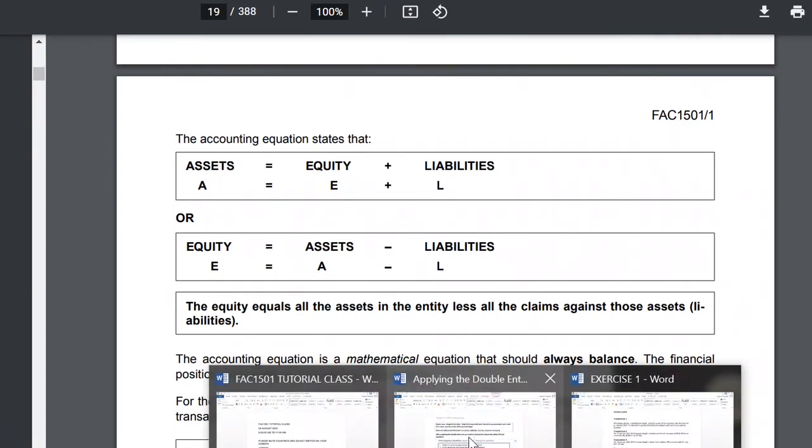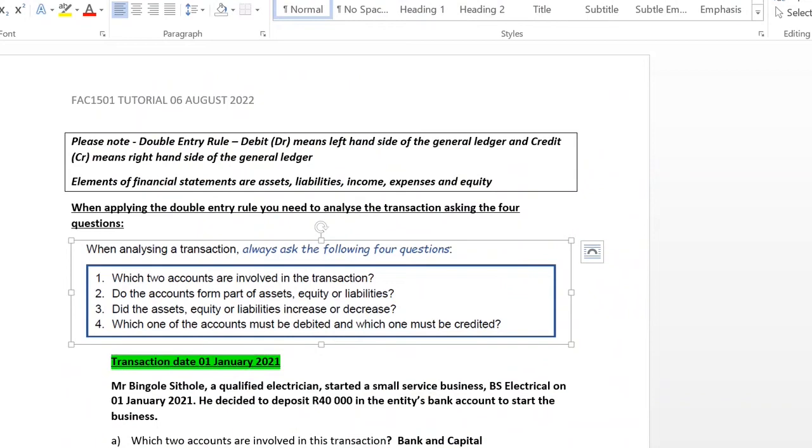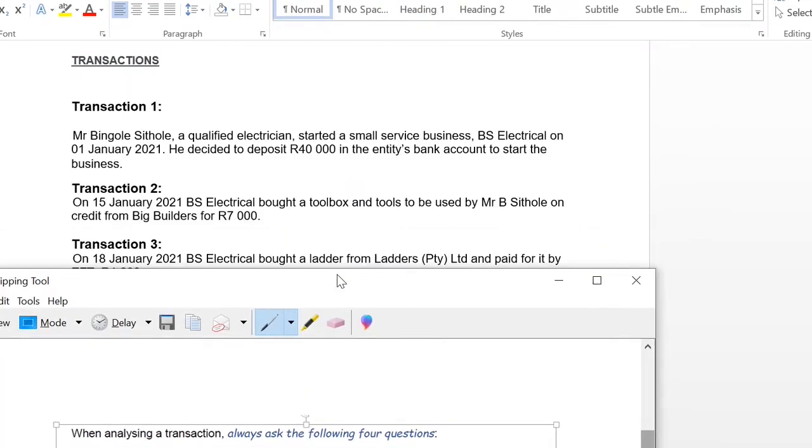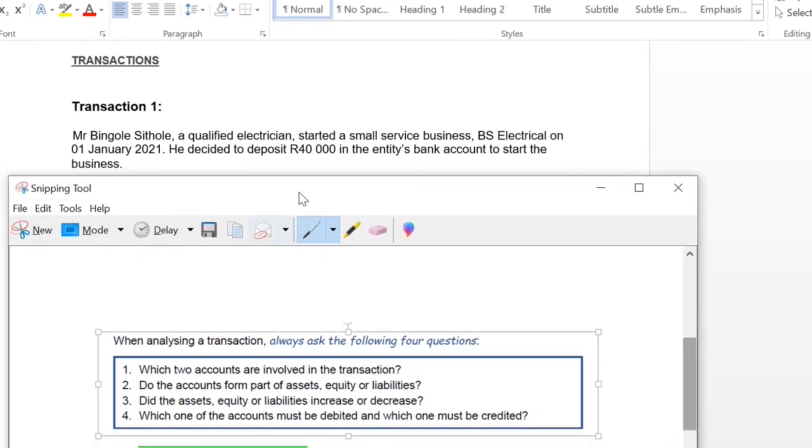So in this example that we're doing now, example 1, we said that the two accounts are capital and bank. We said, do the accounts form part of asset, equity, and liability?